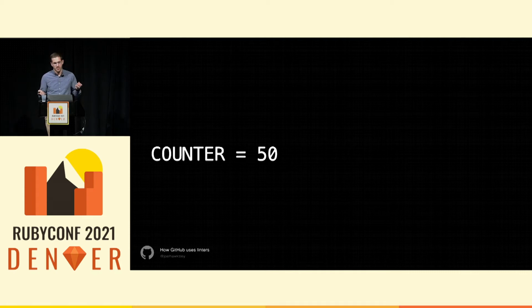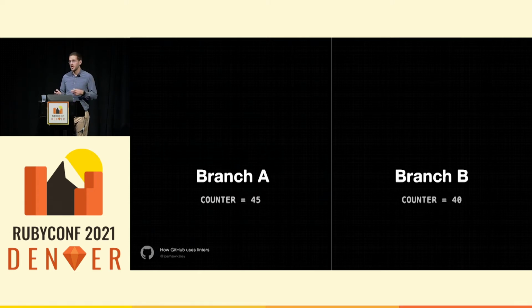Say we have this constant here and its value is 50. Say a colleague and I are both teaming up to work on this linter together. Before either of us make our changes, the value is 50, and then we each cut a branch, and I remove 5 cases and my colleague removes 10. When we go to land our changes, there's going to be a conflict in that line.